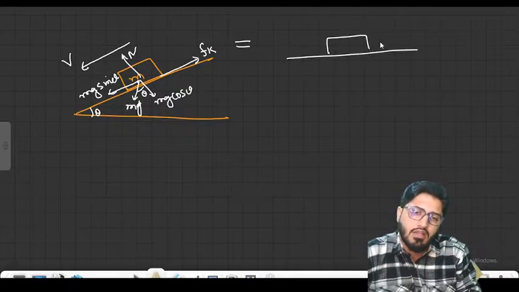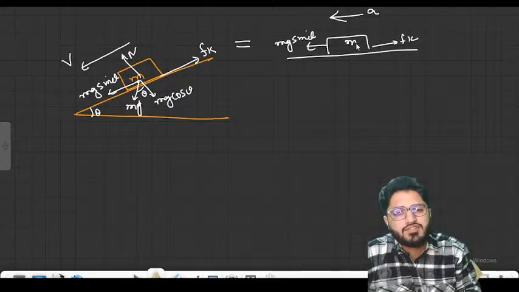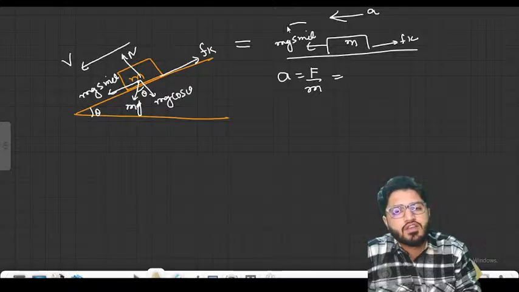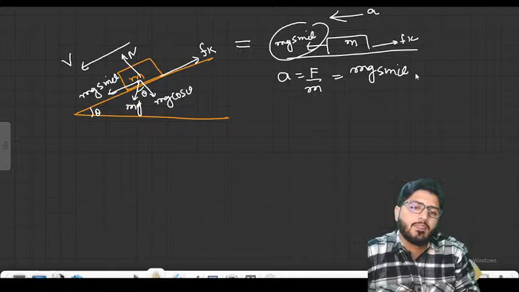Look, if we are having two forces, one is mg sin theta and one is fk, and the body is going in this way with acceleration a and mass m. What is acceleration? Acceleration is force by mass. Look, it is going in this way, this is the dominant one. So you can write mg sin theta minus fk equals m a.